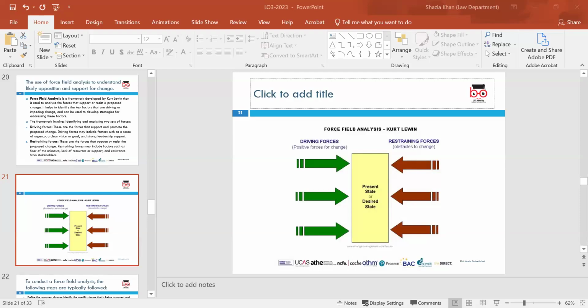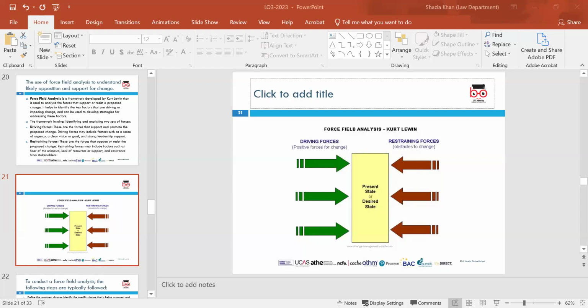To understand the concept of force field analysis, you need to look at why there was a need to identify and put this in place. He described the experiment in a diagram. First, driving forces, which are positive forces for change, and restraining forces, which are obstacles to change. What he said was that the force field is an equilibrium between forces favourable to change and those resisting it. And he spoke about the existence of quasi-stationary social equilibrium.